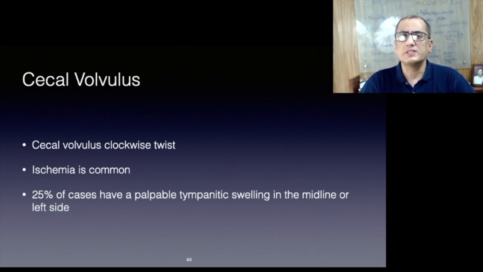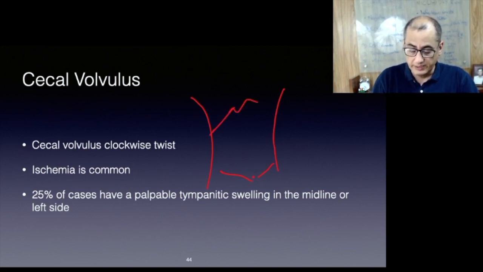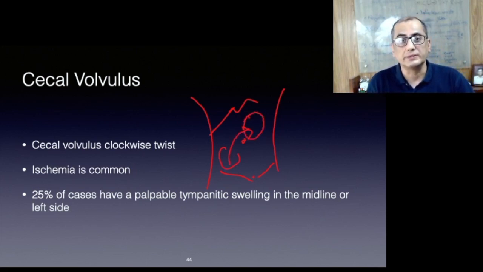In 25% of cases, examination may reveal a palpable tympanic swelling in the midline or left side of the abdomen. If the cecum normally stays here, then it moves towards the left and towards the left upper quadrant. The volvulus commonly is in the left upper quadrant.